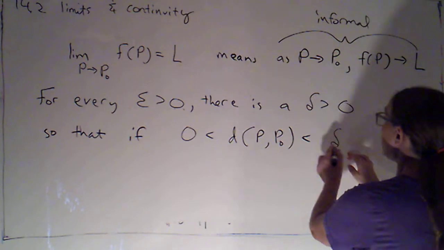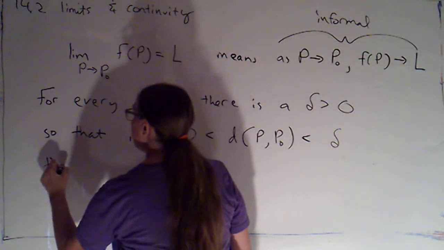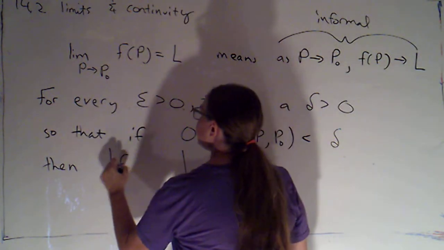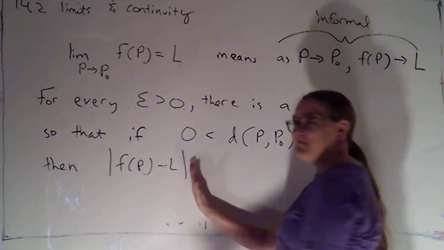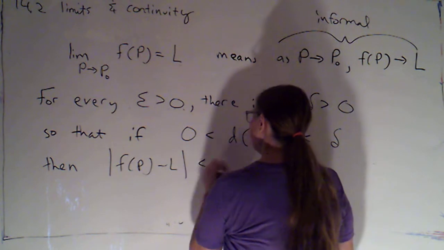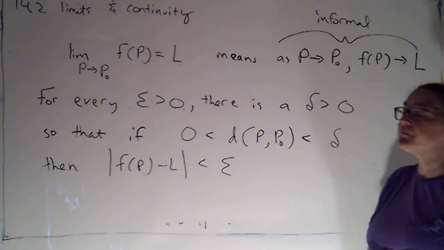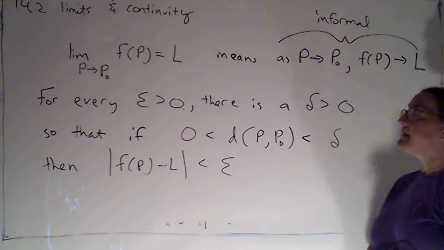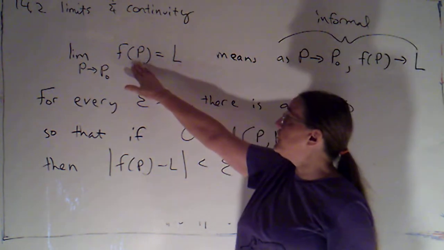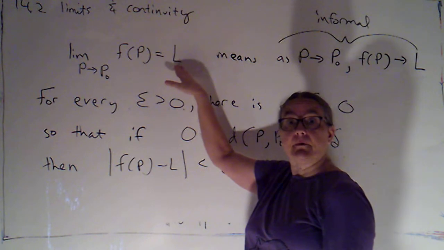Okay, so if this is true, then the absolute value of f of p minus L, which remember is the distance between my function value and the limit, is less than epsilon. Okay. So essentially what this is saying is I'm claiming that the output of my function is getting close to that number.